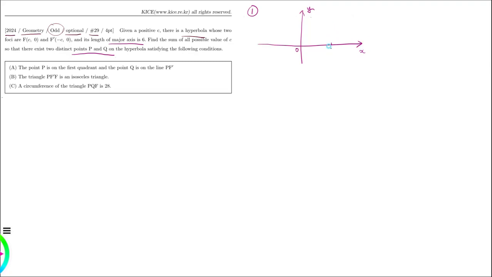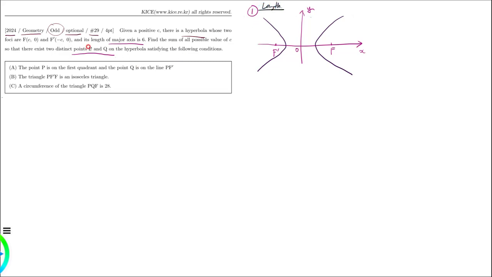There are two foci, F and F prime, and two separate curves, which go like this. And the first point, P, is about length.